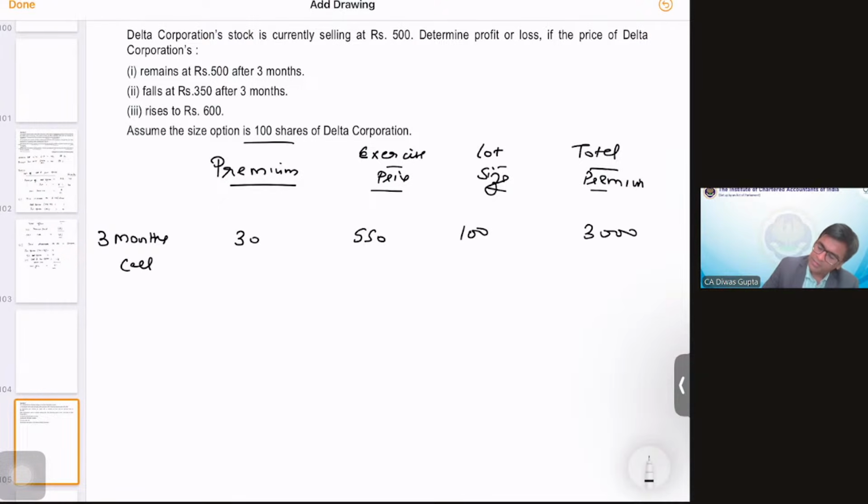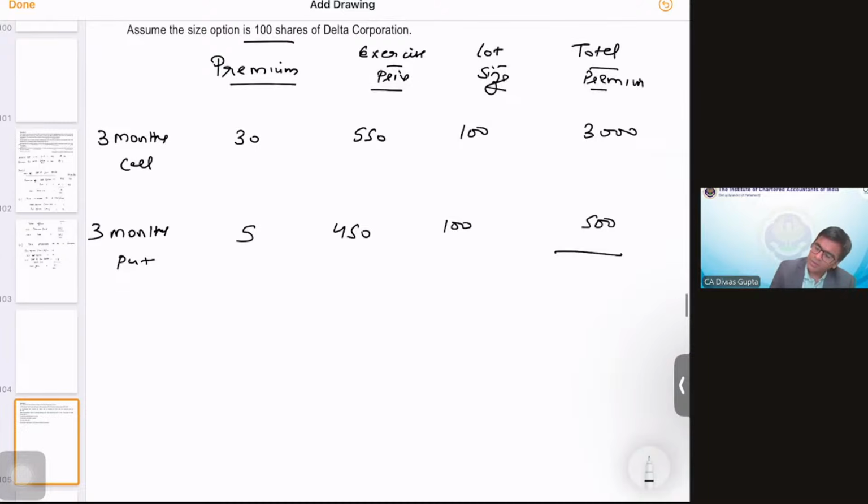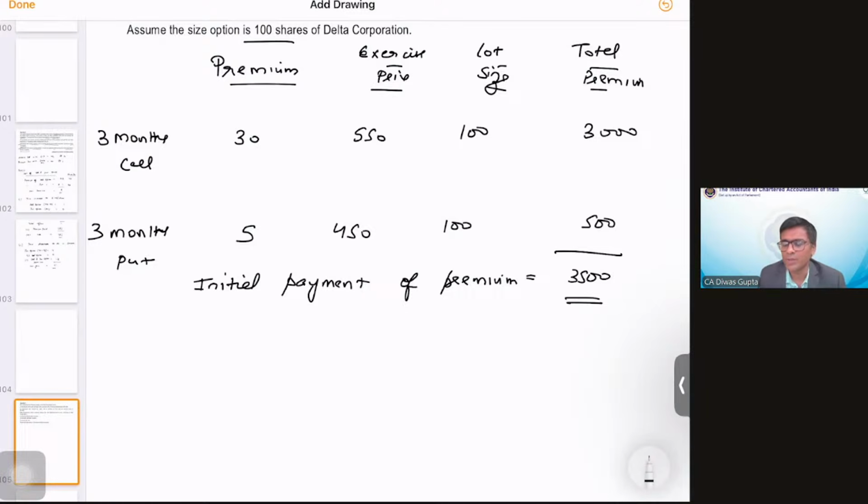So 3000 premium we would have paid on the overall contract. 3 months put option: 5 is the premium, 450 is the exercise price, 100 is the lot size, so 500 becomes the total premium of the 3 months put. 3500 becomes the initial payment of premium, students.